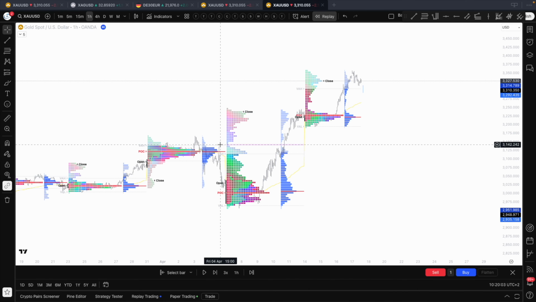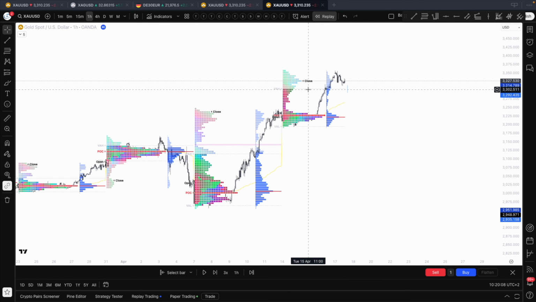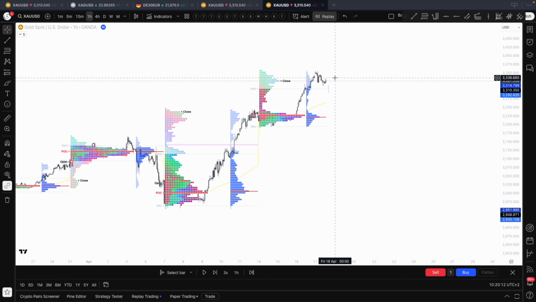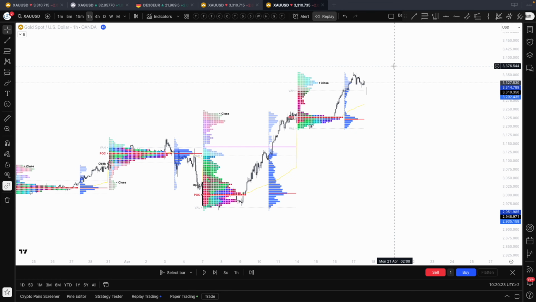So very, very out of balance, the whole thing. And we are currently trading also above the value area high of the week, ranging outside of value of the week. So this is again another indication of a very out of balance market.